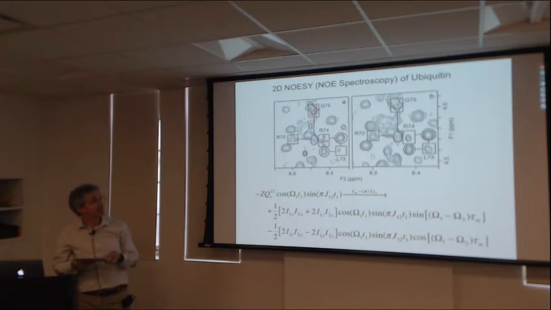So in the box are the NOESY peaks. The one labeled for R74 here happens to be between two residues. These are J-coupled, and you can't even see a NOESY peak between them. There should be a NOESY peak there.